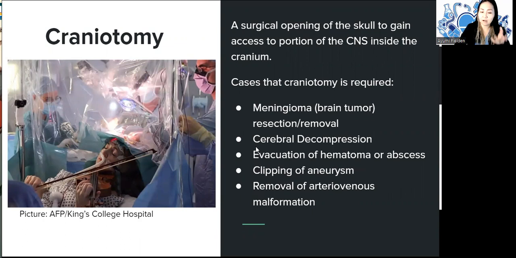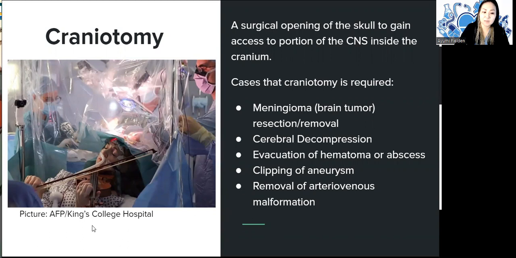When they do craniotomy, the patient will be completely under anesthesia because the skull does have some pain receptors. It is going to hurt. But once they gain access to the brain, we don't have pain receptors within the brain. So what they can do is actually wake up the patient to continue doing a tumor resection.